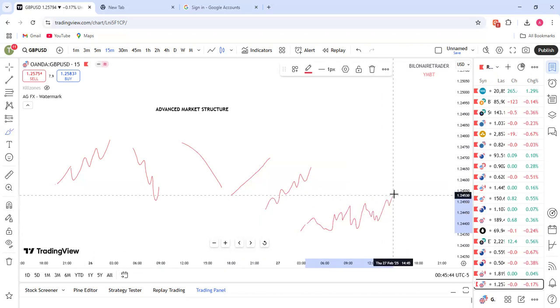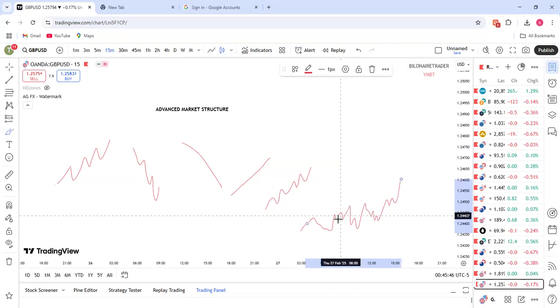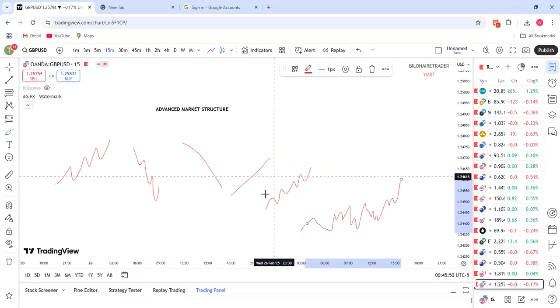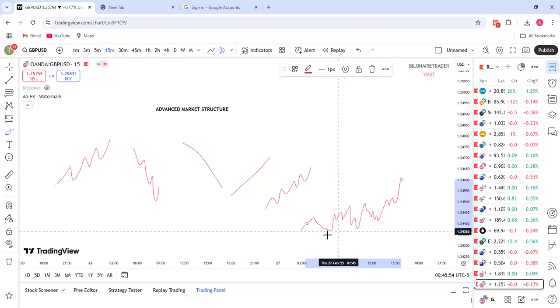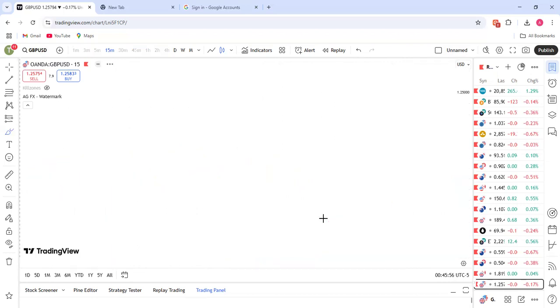So the market is not that straight, right? It doesn't just come straight like that. In that order, it gives a lot of this movement. So in this real market scenario, that is where we need to understand the advanced market structure.